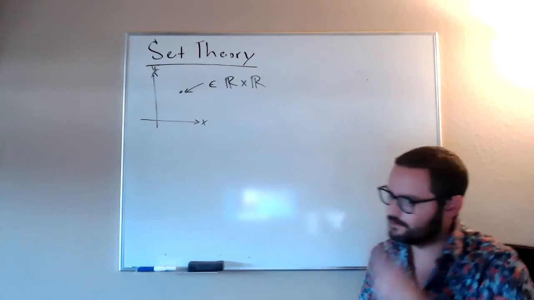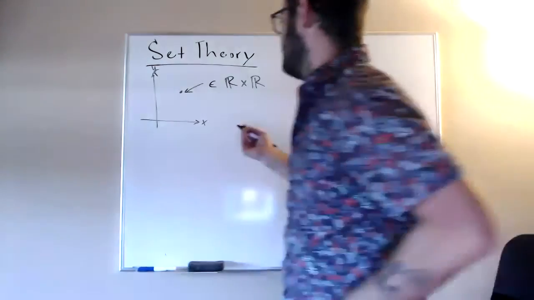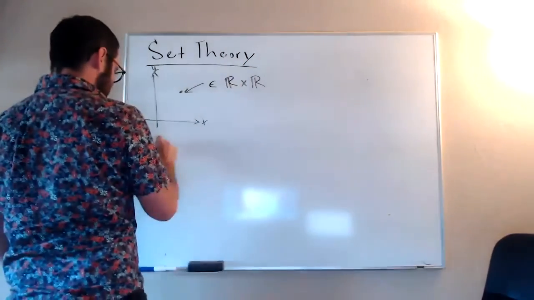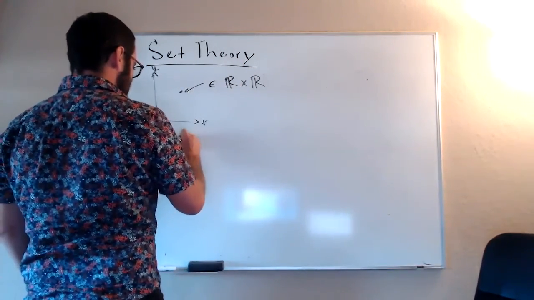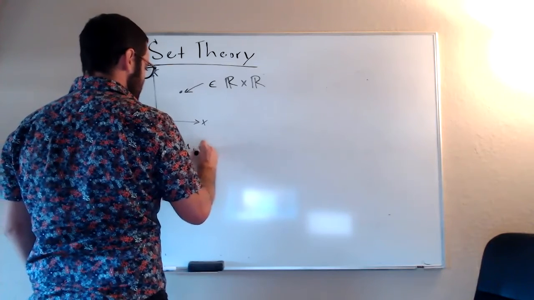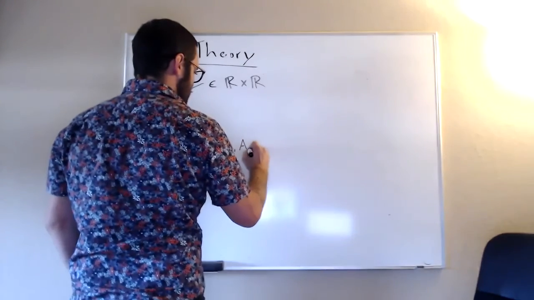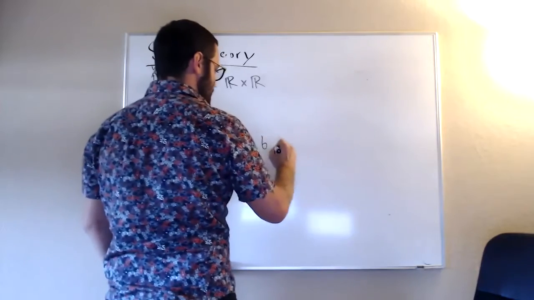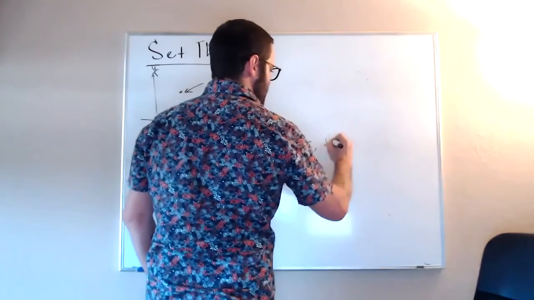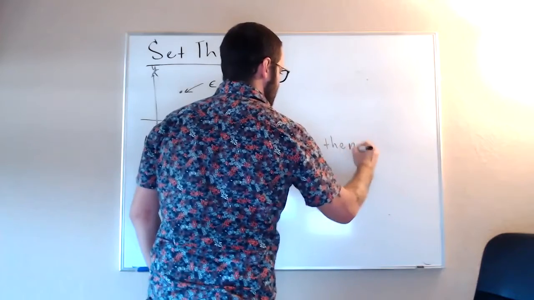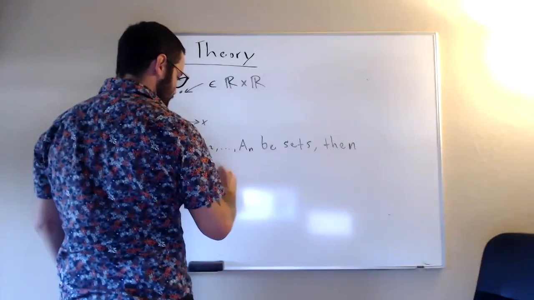Now, the notion of Cartesian products can be extended. Let A1, A2, dot, dot, dot, An be sets, then we can look at the Cartesian product of all of these.